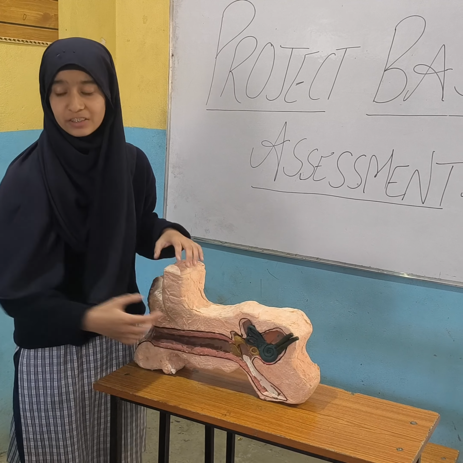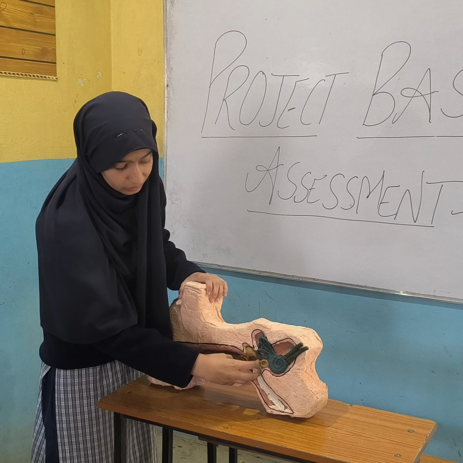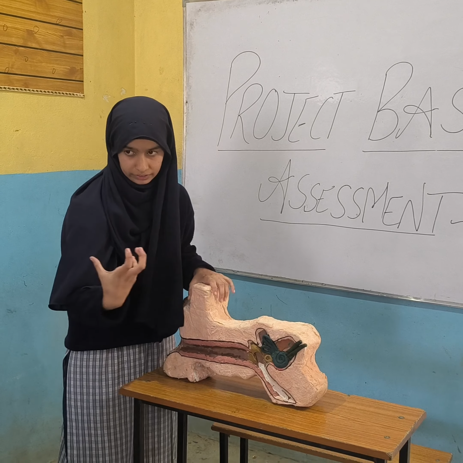Now the vibration goes from the eardrum to the malleus, then to the incus. Incus is the bone that joins the malleus and the stapes. So it travels through these three bones and goes up to the oval window. What is the oval window? It is a boundary between the middle ear and the inner ear.